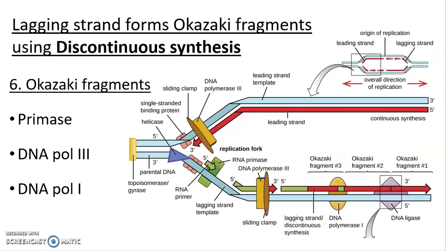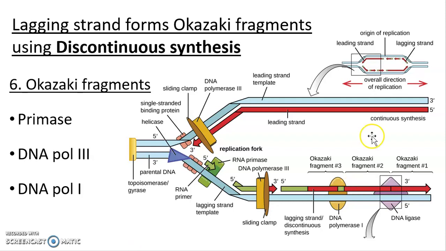On the opposite side, though, that's where we run into the problem. The solution that nature has come up with is basically to do continuous synthesis over and over and over. This forms what's known as Okazaki fragments on the lagging strand, and this allows discontinuous synthesis to occur.